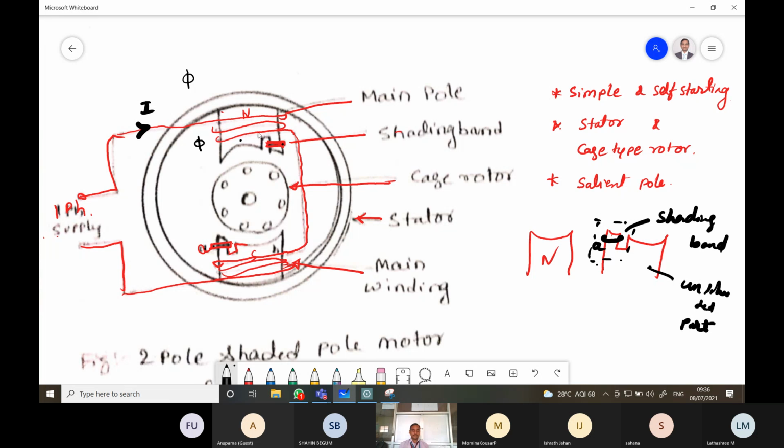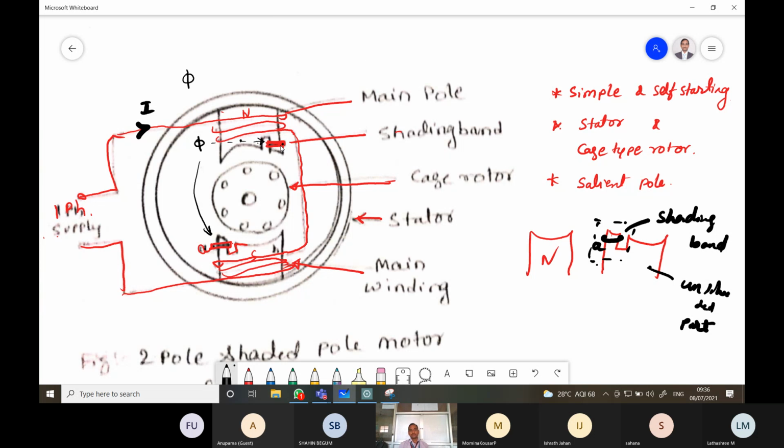This flux links the shading coil also, which behaves as a short circuited secondary, because the copper ring is a closed path.